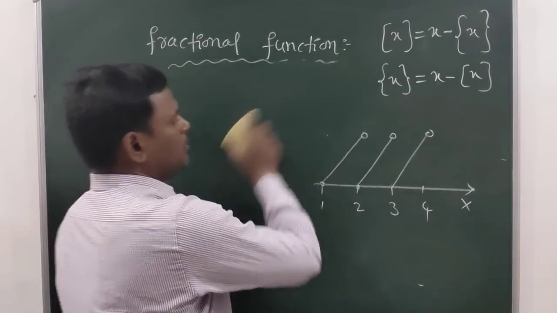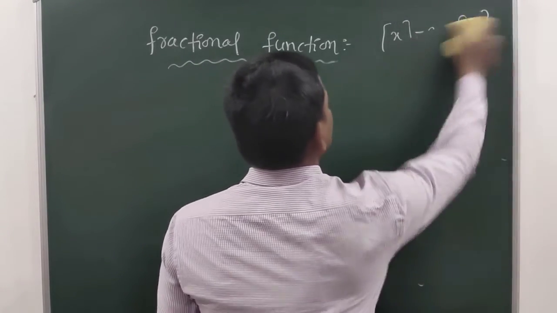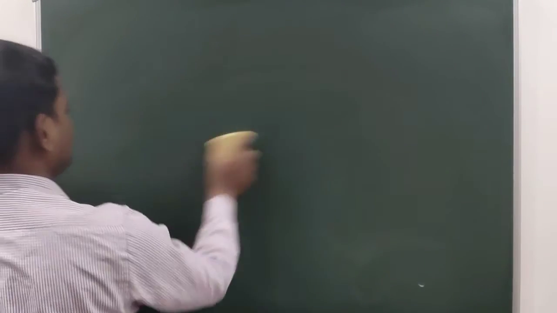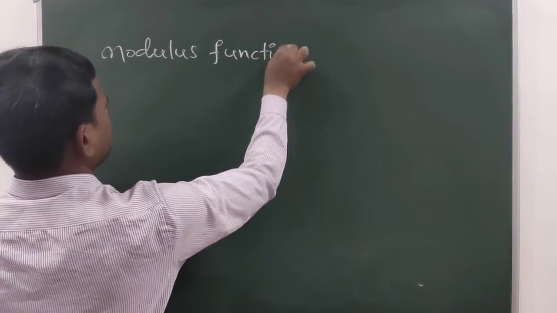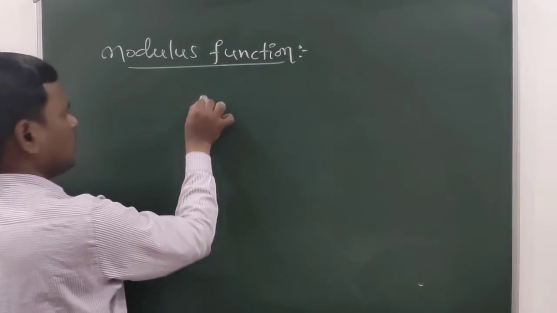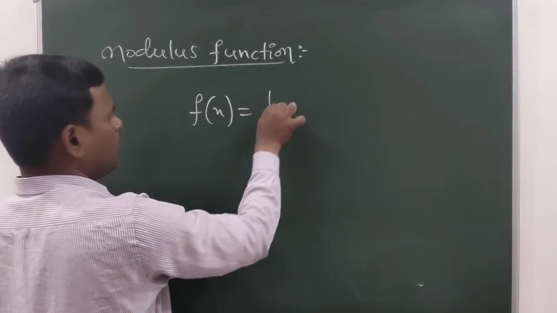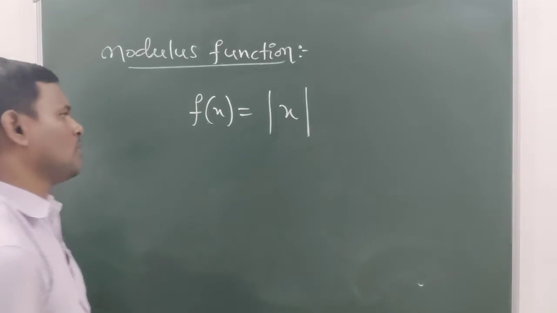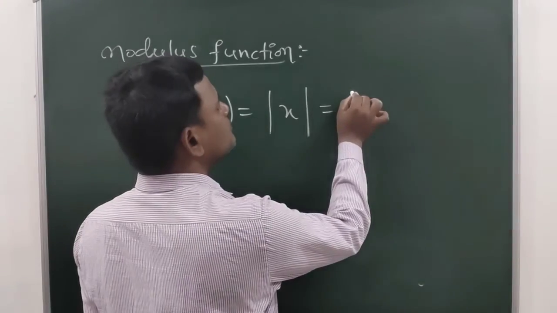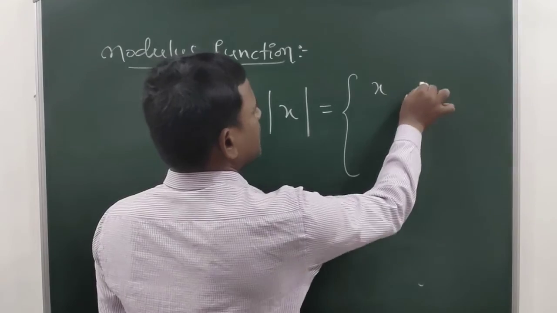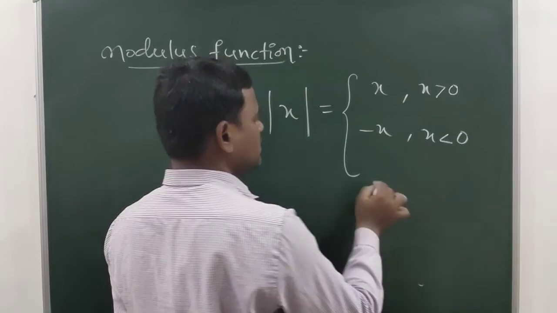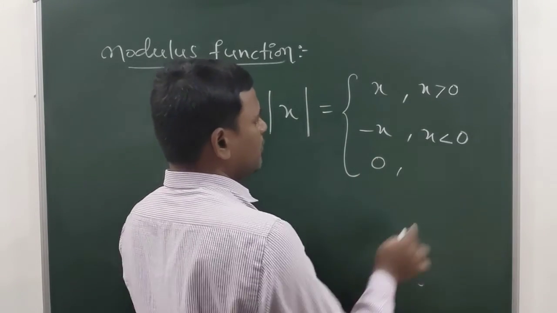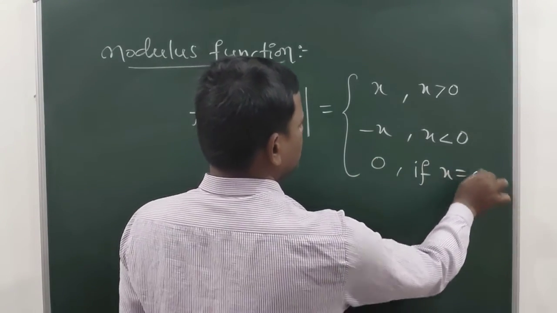Now let us go to the modulus function. See the definition: f of x equal to modulus of x is equal to x when x is positive, minus x when x is negative, and 0 if x is equal to 0.